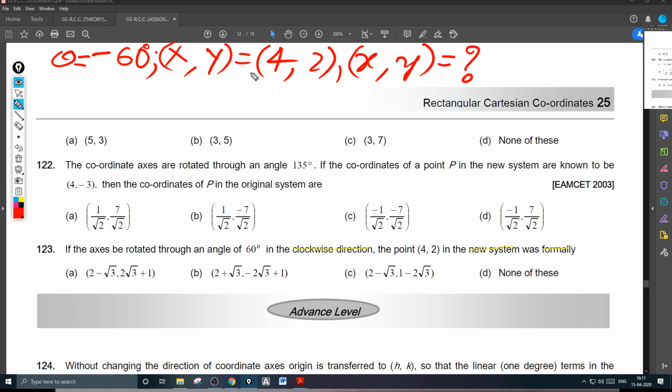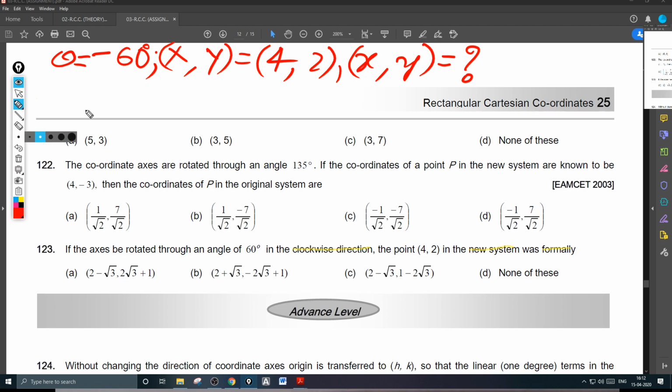Similar problem, please. Some answer given to be B there.